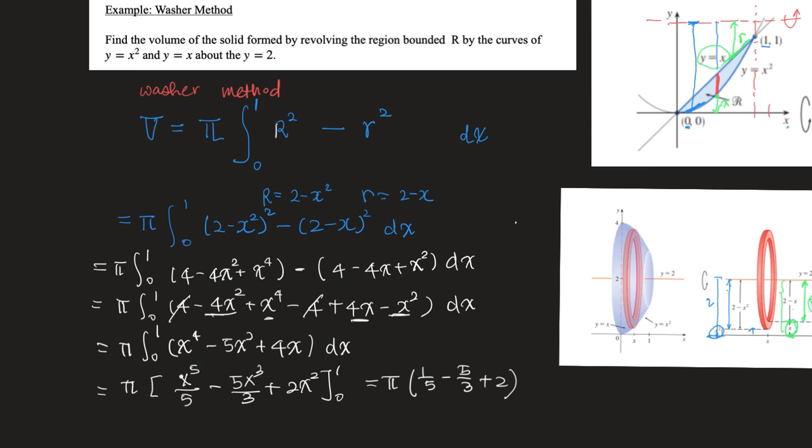Find the common denominator, which is 15. This equation is not easy, guys. Find the longer radius and the smaller radius, then use the washer method, capital R and lowercase r.